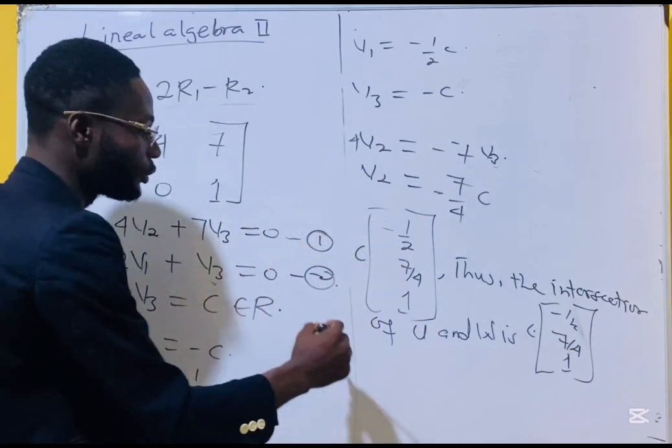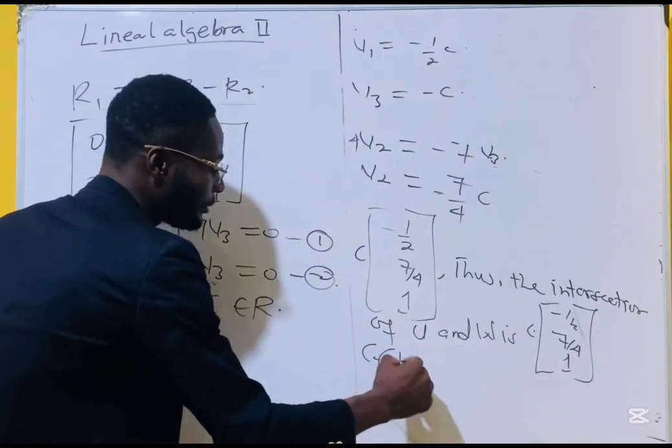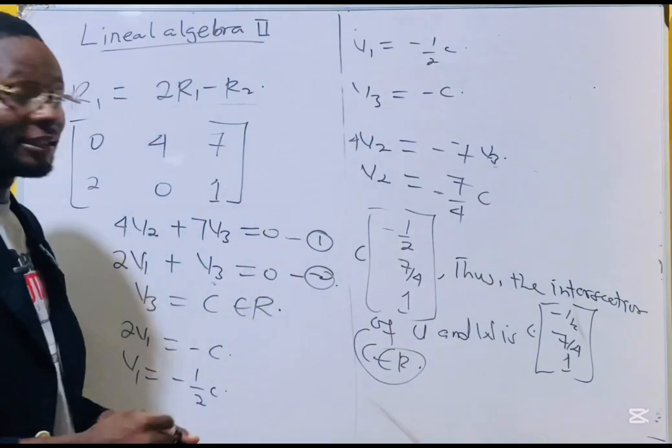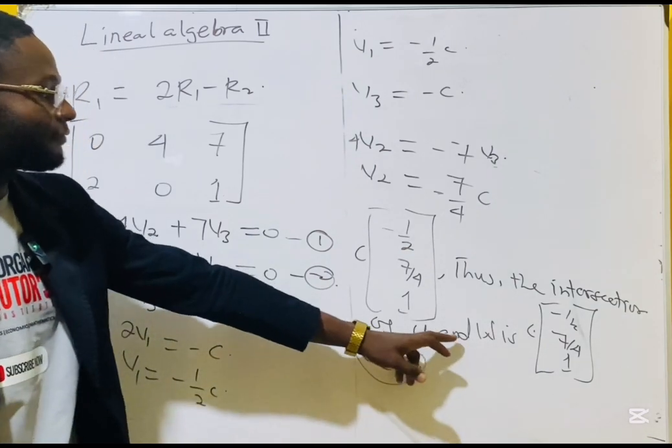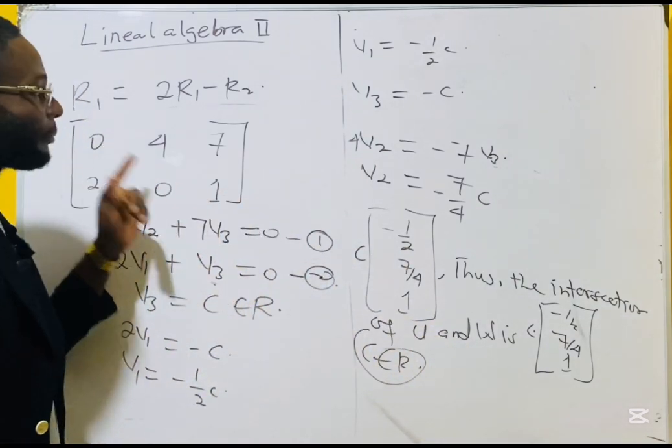This C belongs to real numbers, right? So the C can be anything at all. So that is what we have for question number 3.